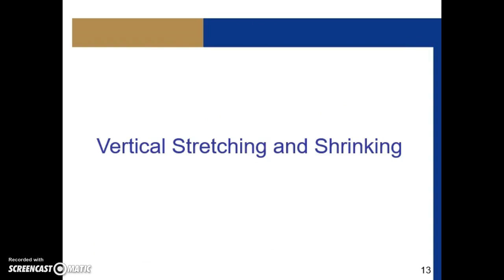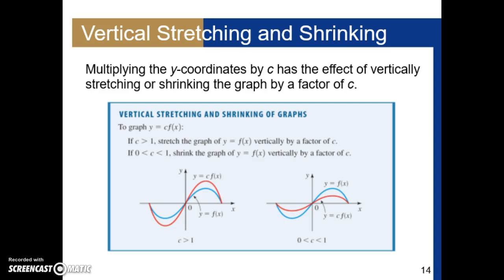So let's talk about vertical stretching and compressing. When we add a coefficient to our function, when we put a number in front of y equals f of x, it changes how those outputs perform based on the input.